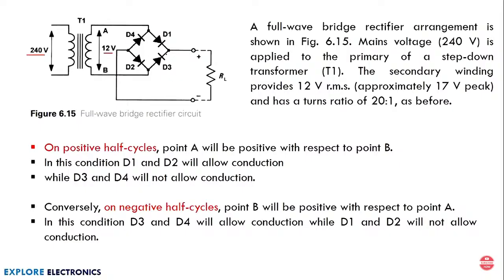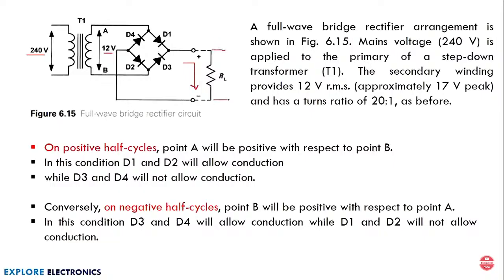You need to remember how the diodes are connected, and they are named D1, D2, D3, D4 as opposite diodes conducting at that particular time. At the two ends of this bridge arrangement, we have a load RL, and current will always flow in this direction through the load. So we are going to measure the voltage across this RL.